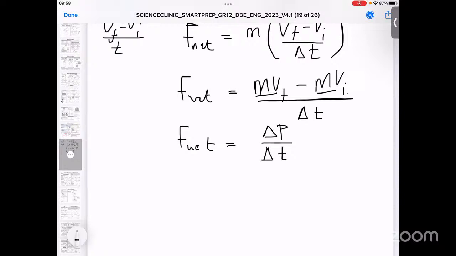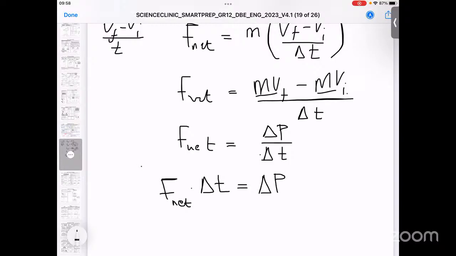So that means we will then cross multiply by that. We end up having F net multiplied by change in time, which therefore equals change in momentum.